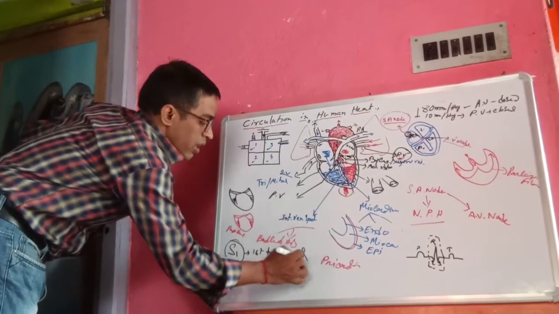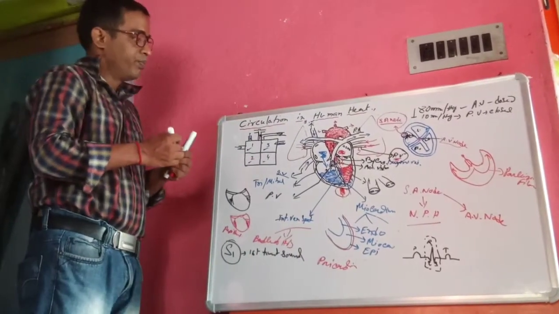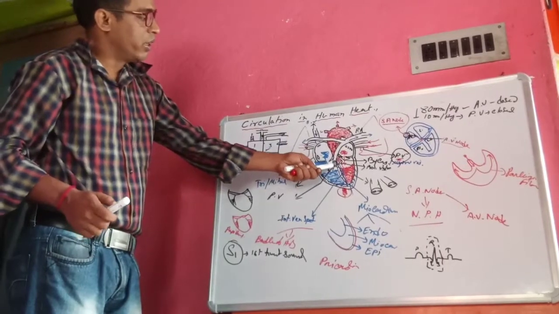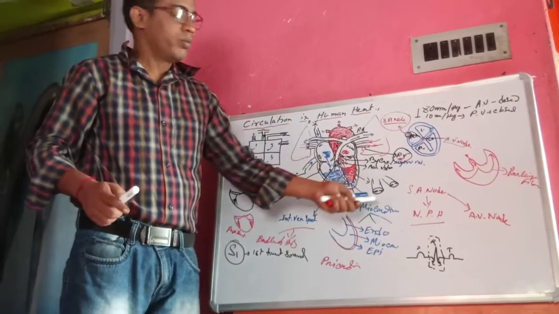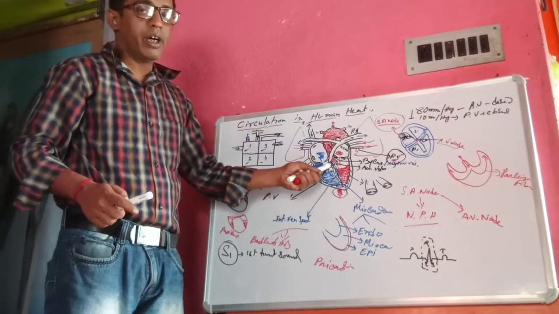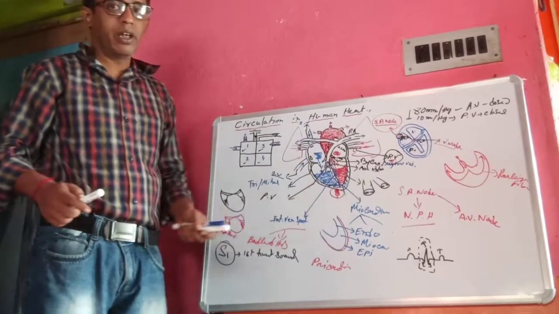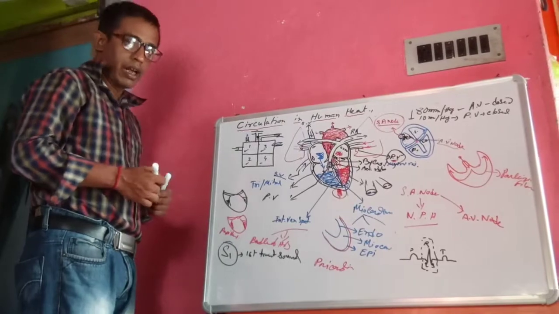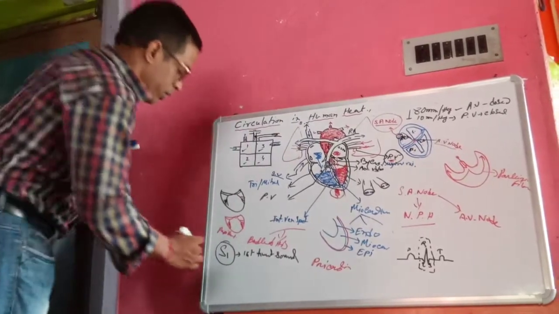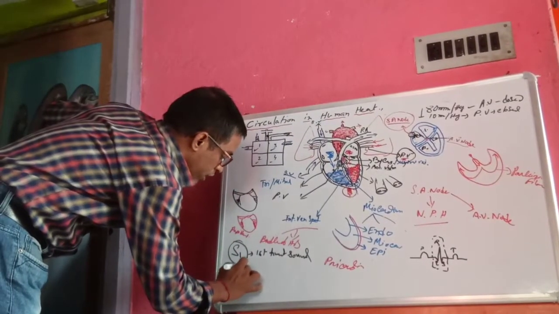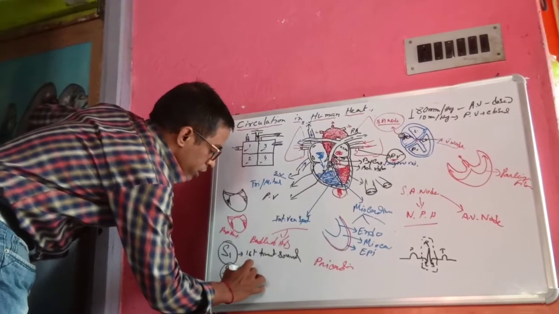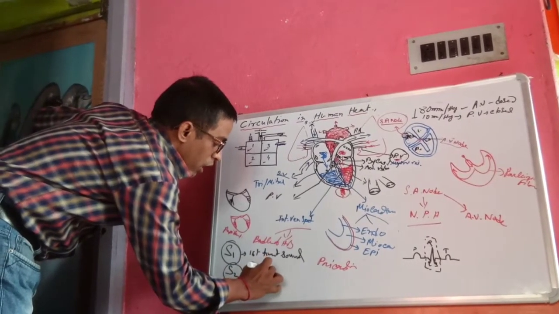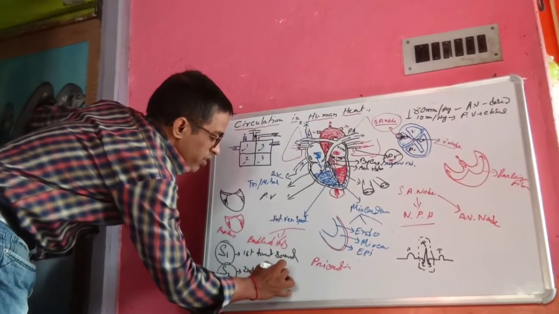And similarly, when the valves at the pulmonary artery and the aorta close, another sound is produced. This is called the second heart sound.